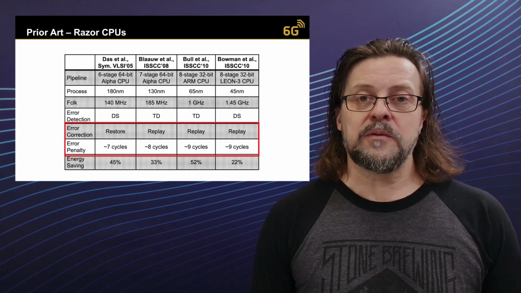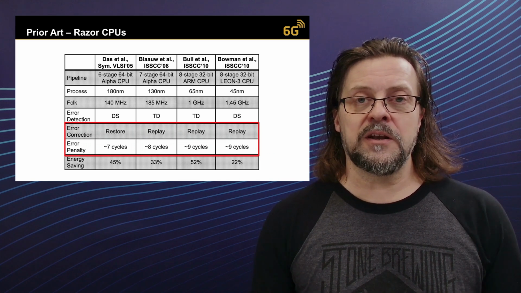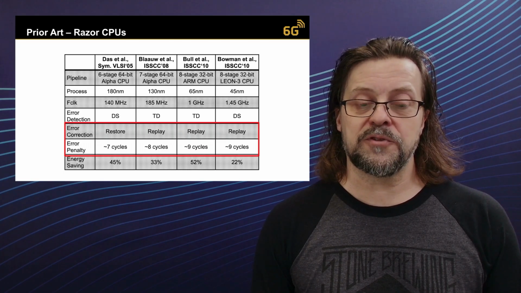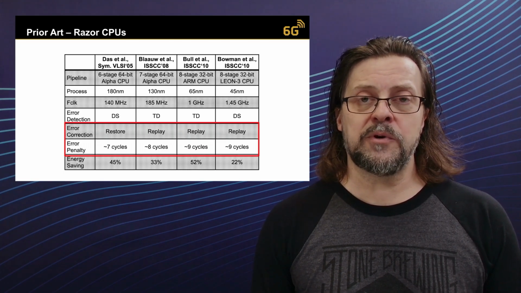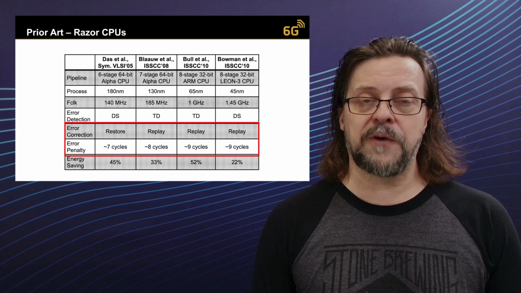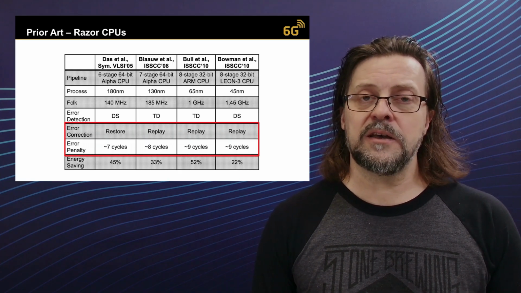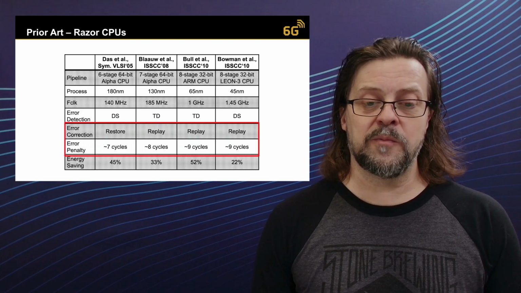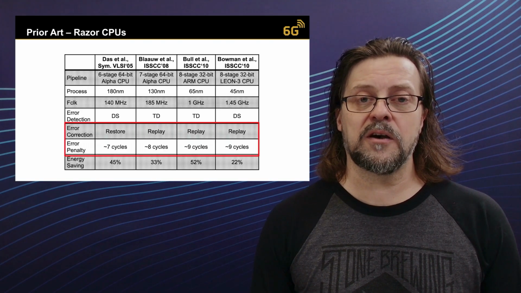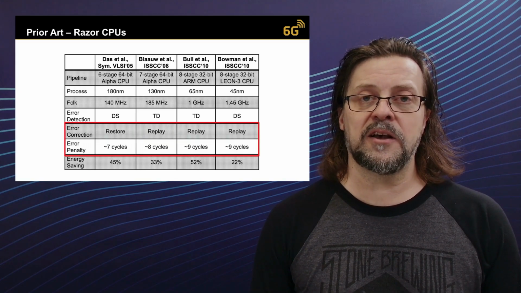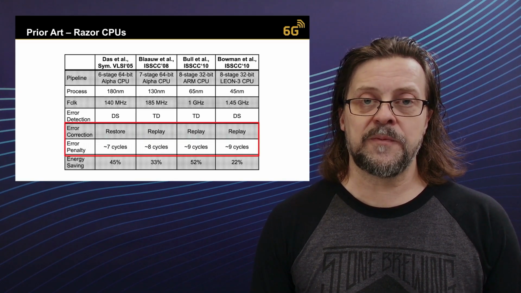This table unfortunately shows the inherent problem with all of the Razor type solutions. They do need a number of cycles to effect the instruction replay. You can see in the table that it goes from 7 to 9 cycles depending on the result, both academic and Intel and ARM solutions.